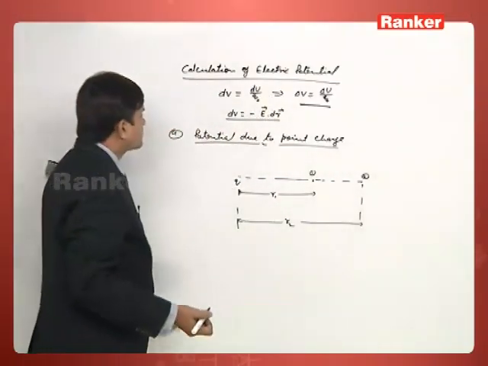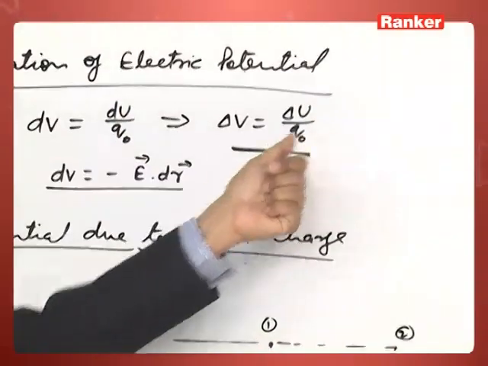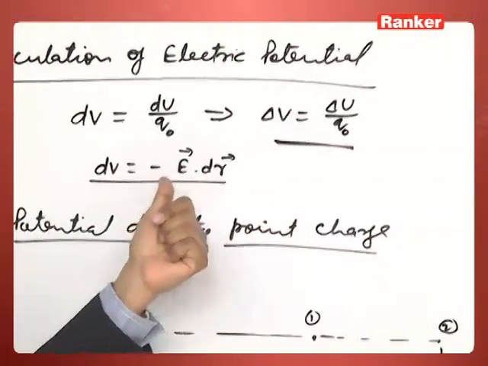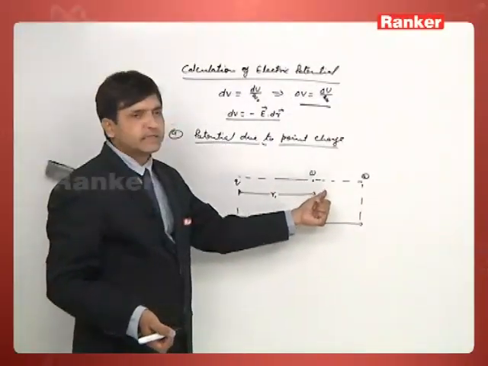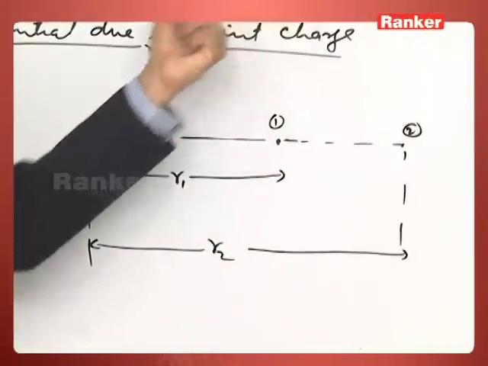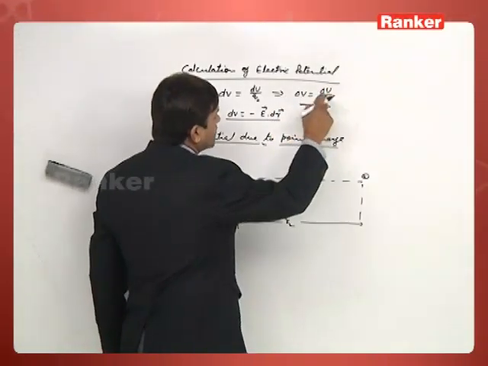Now there are two ways. Either we can go with this relation or we can go with this relation. Any way we can solve. This is the one case in which I will discuss both ways. So what is the meaning of delta V equals delta U by Q naught?